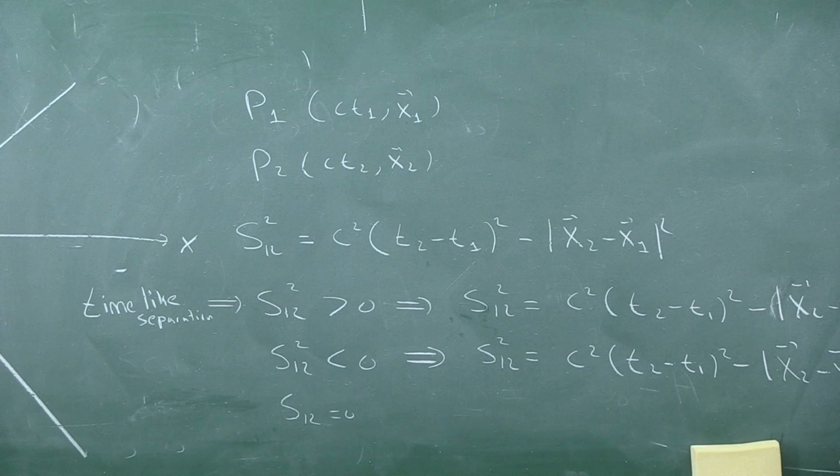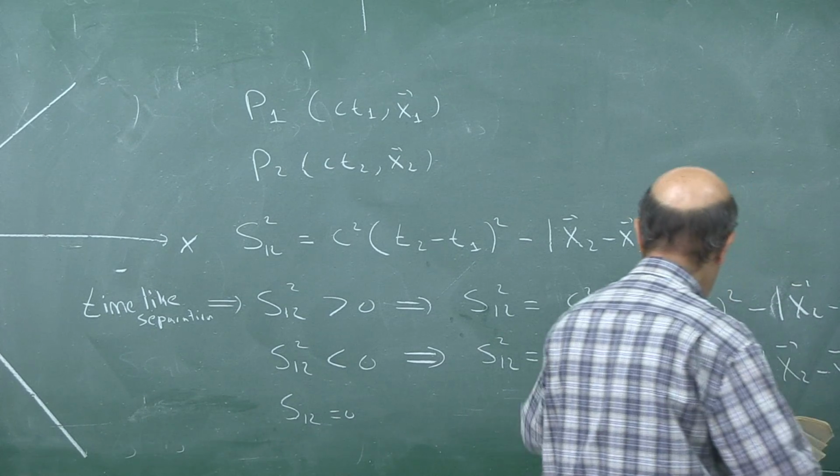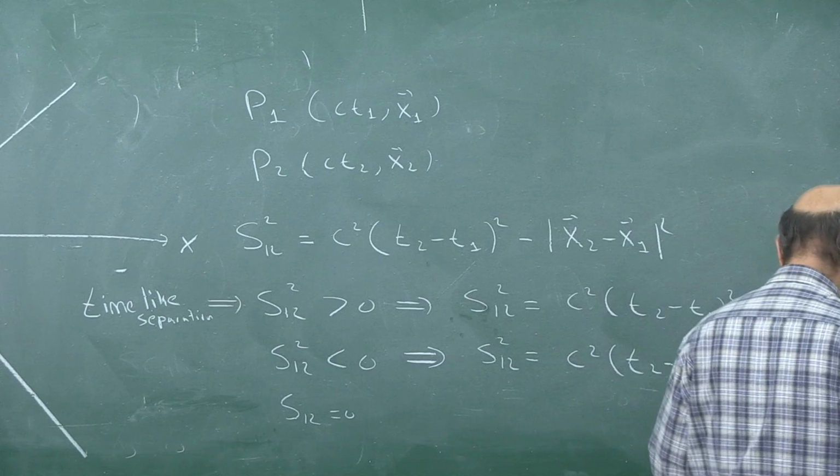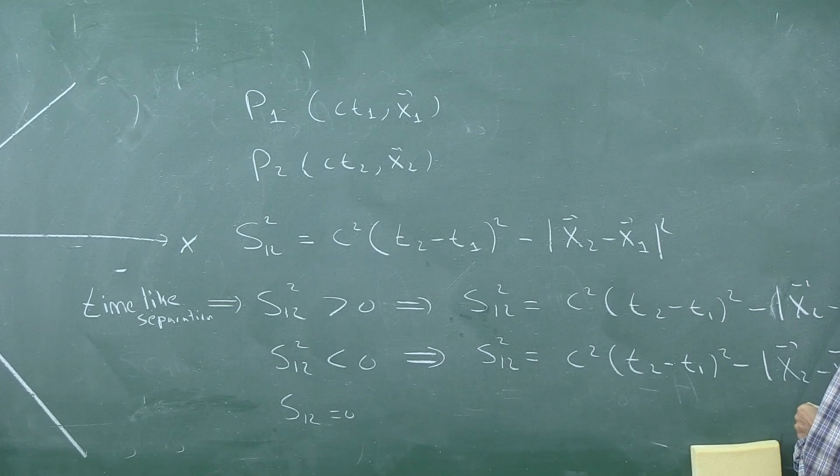Then you can find a new coordinate system in which t1 prime is equal to t2 prime, and that is x2 prime minus x1 prime.